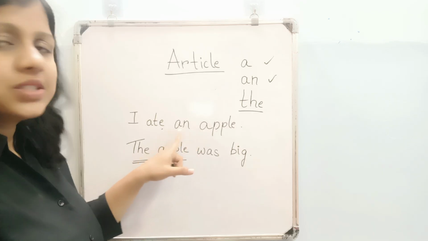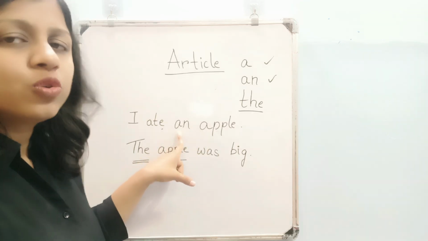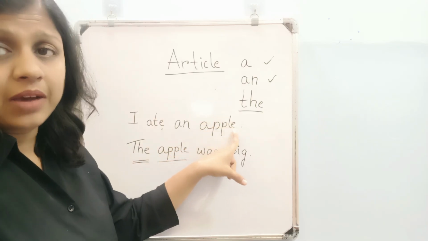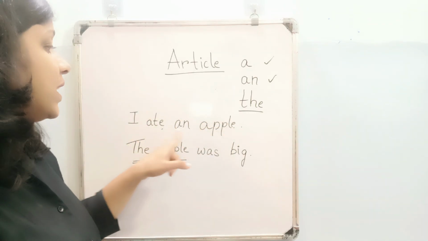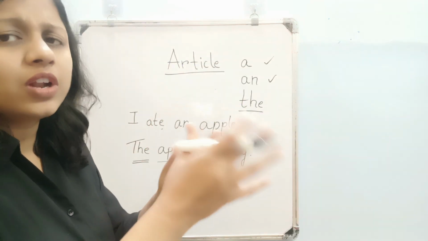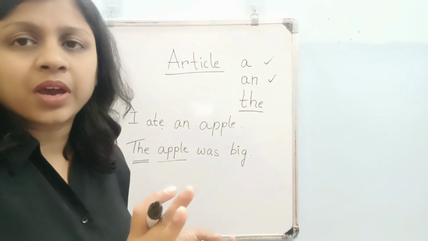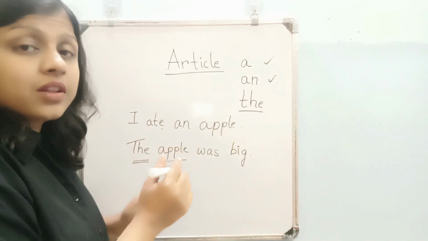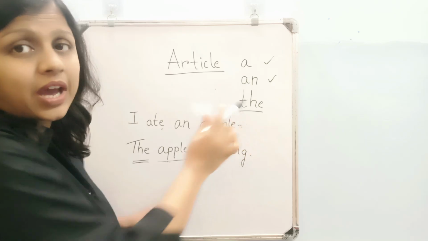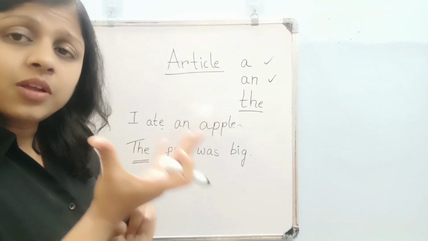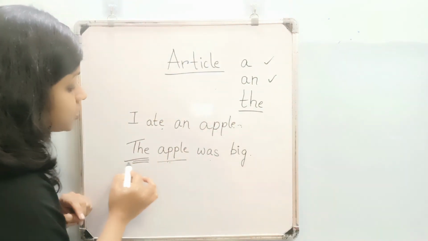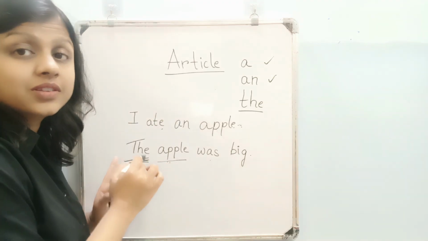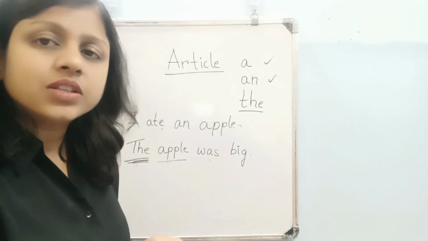Starting with the vowel A, we used an. Here, we are talking about this particular apple. In this sentence, I ate an apple means I picked one apple, any random apple, and I ate it. Now here the apple was big. Now I am talking about this particular apple which I had. When we are talking about something particular, we use the article the. So instead of an, it became the. The apple was big. Understood, children?